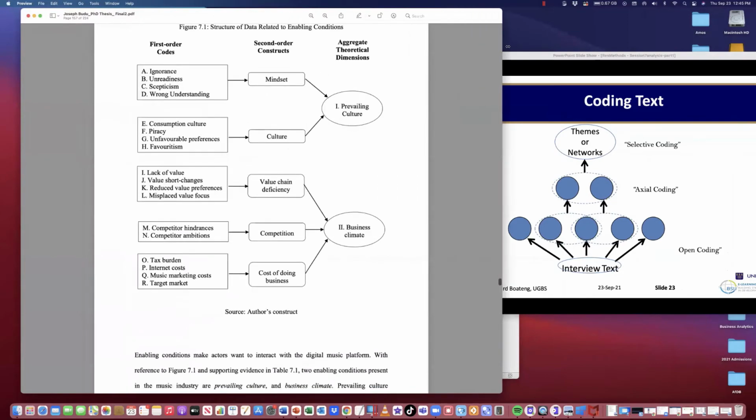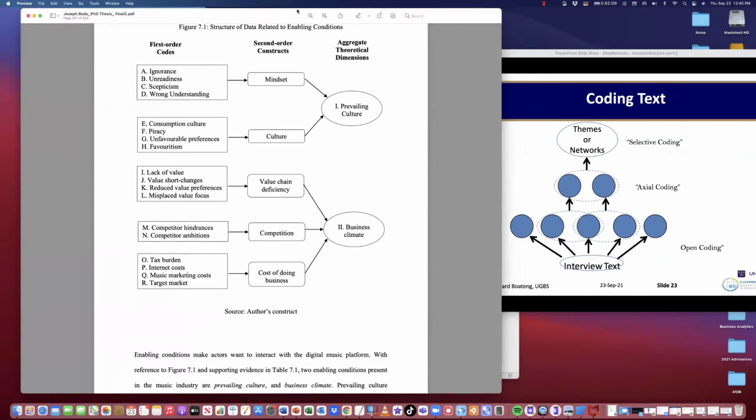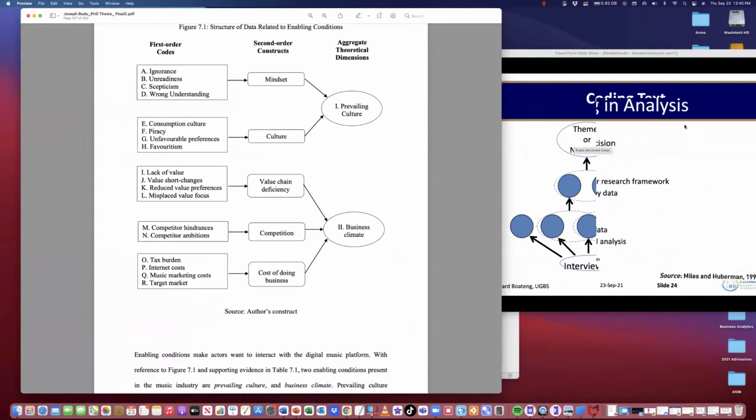Compare the two diagrams. Can you see what I'm talking about? Hello? Yes, Prof. Eric Jaime, can you see what I'm talking about? Yes, Prof. Okay.